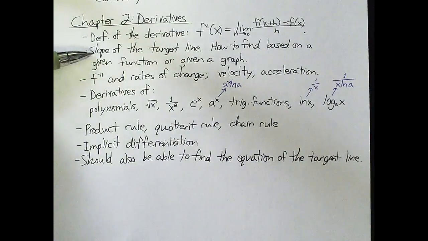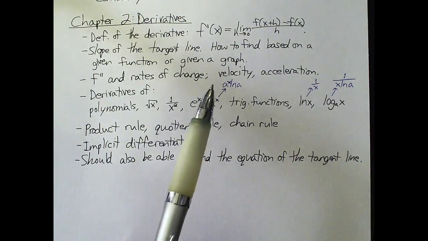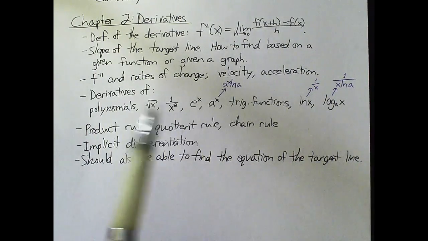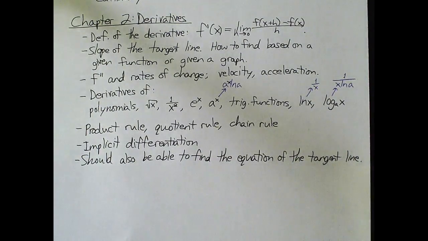It kind of goes with finding the slope of it, right? If you're given a function f of x and a point, or even just an x value, you could find the slope of the tangent line by finding the derivative and putting in the x value that you were given. Then you know the slope and you know a point. From algebra and pre-calc, you should be able to find the equation of the line since you already know the slope and a point. You could use point-slope form.